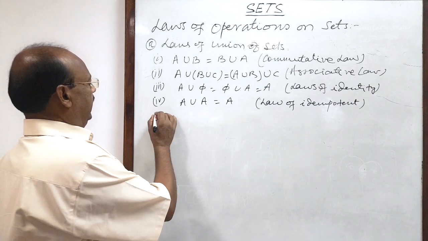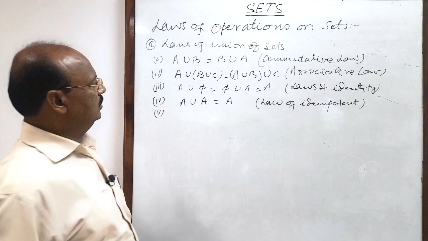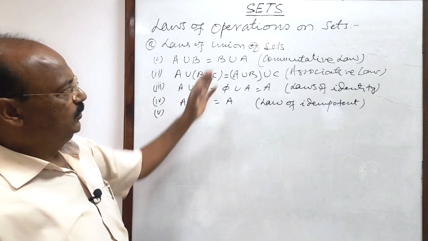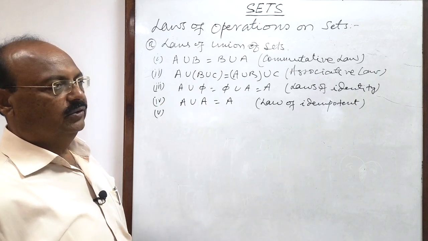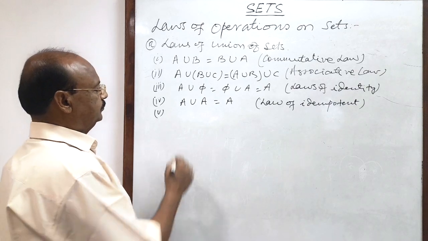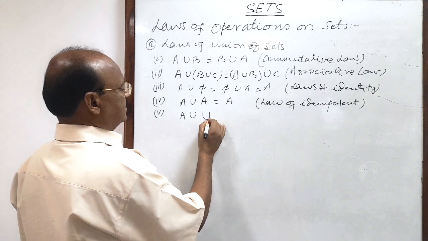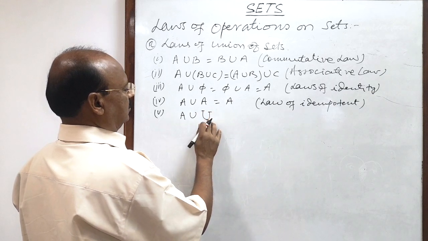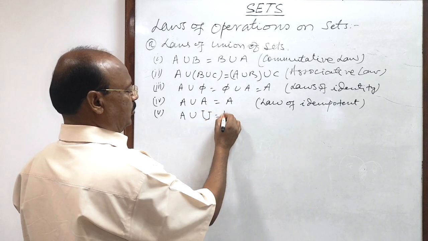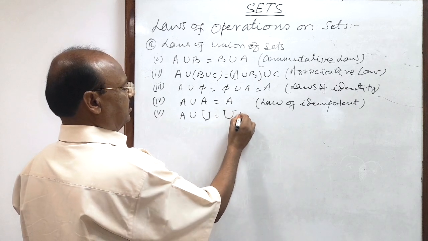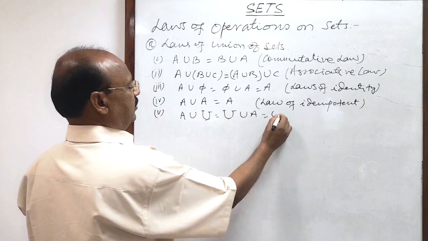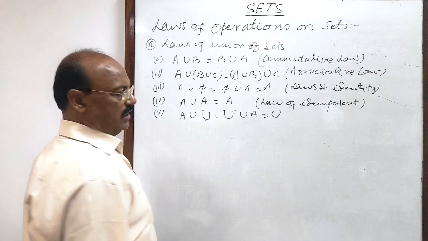And finally, the last law for union of sets, which is A union universal set, or by commutative law universal set union A, is equal to universal set itself.